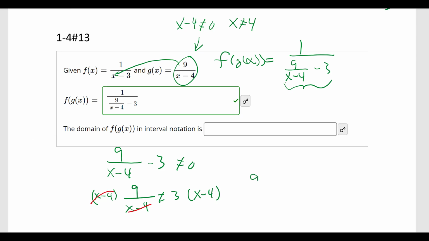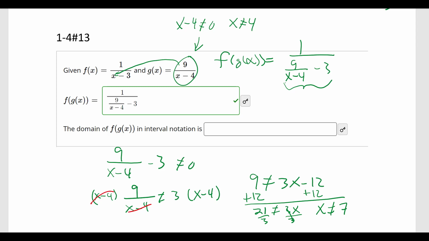And we'll have 9 cannot equal 3x minus 12. So we can add 12 to both sides. And that's going to be 21 cannot equal 3x. So divide both sides by 3. X cannot be 7.